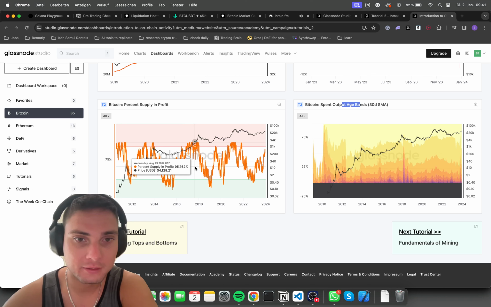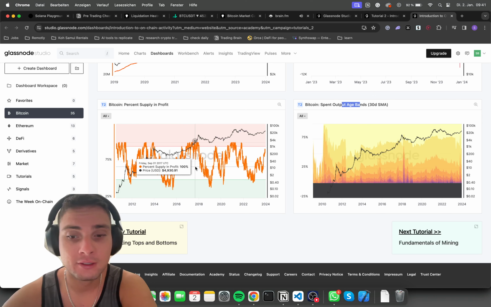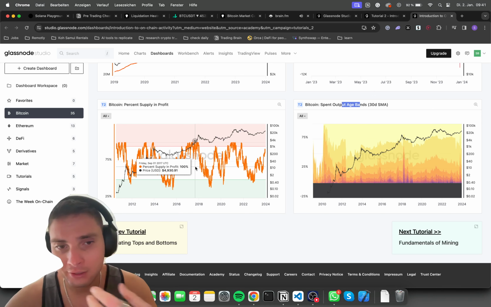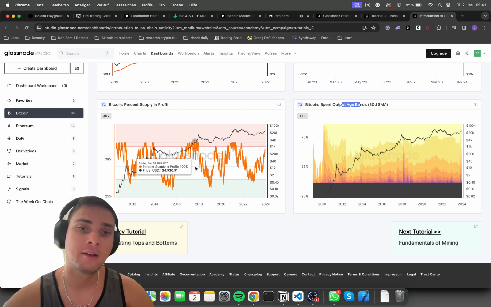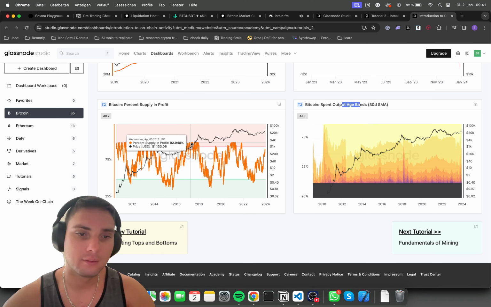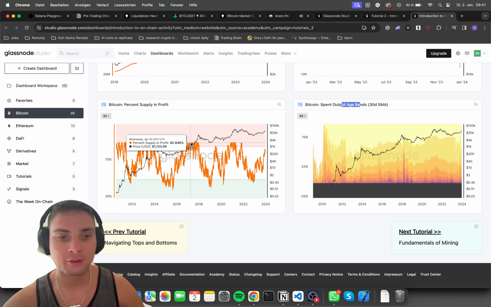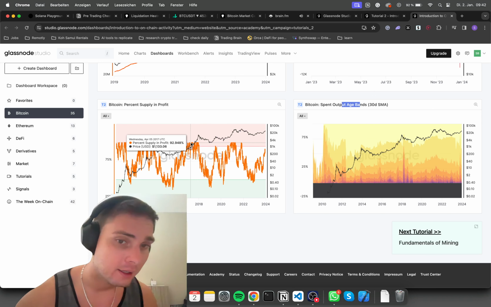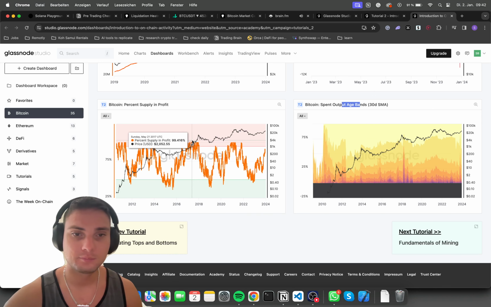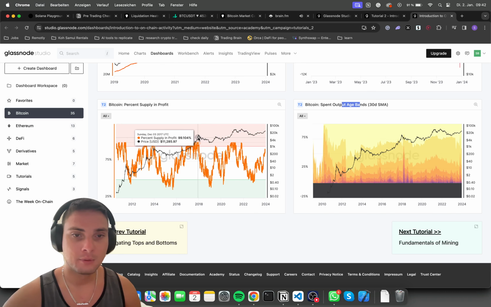Okay, I guess since we're in on-chain data right now, this takes the addresses with Bitcoin on it, and here at the top with percent supply in profit, 92% of all Bitcoin addresses that have Bitcoin are in profit here, which makes sense because it was a new all-time high, and people can only have bought lower.